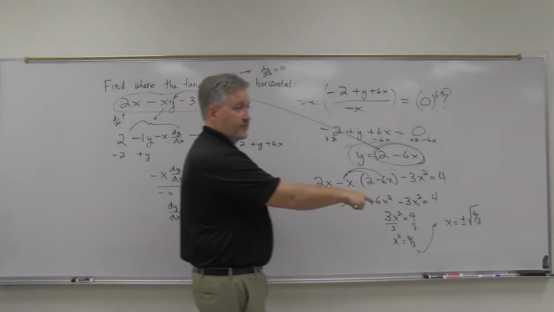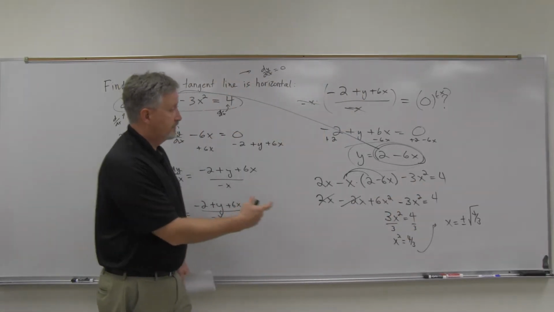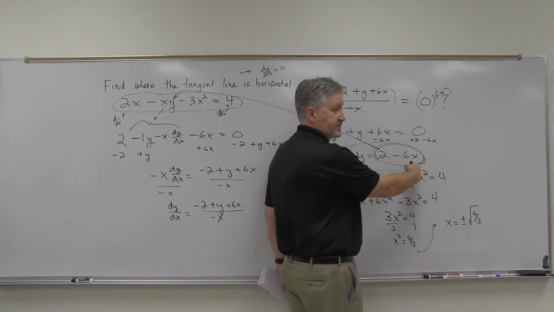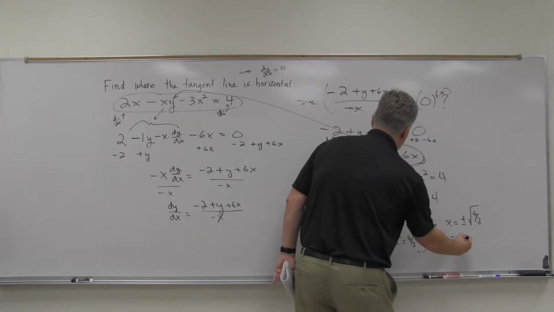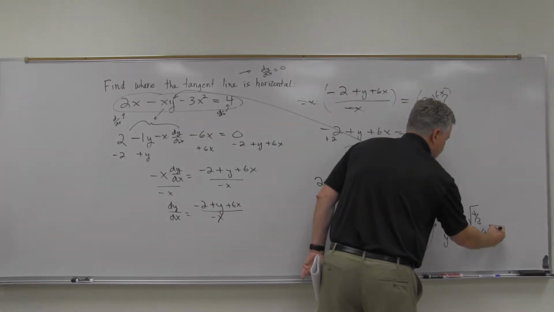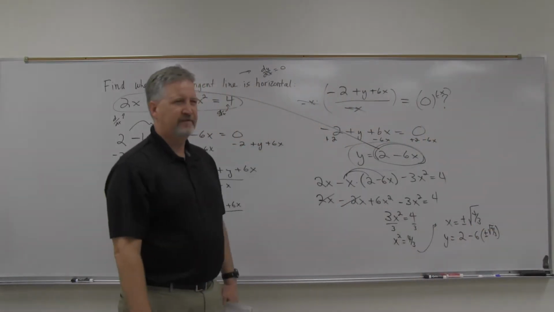This would be the x coordinate of the points. If we want the y coordinates also, well, we've got y. y is going to be 2 minus 6 times x. So you just plug in. So the y's would be 2 minus 6 times plus or minus the square root of 4/3, whatever version of that you want. But you see what I'm saying there?